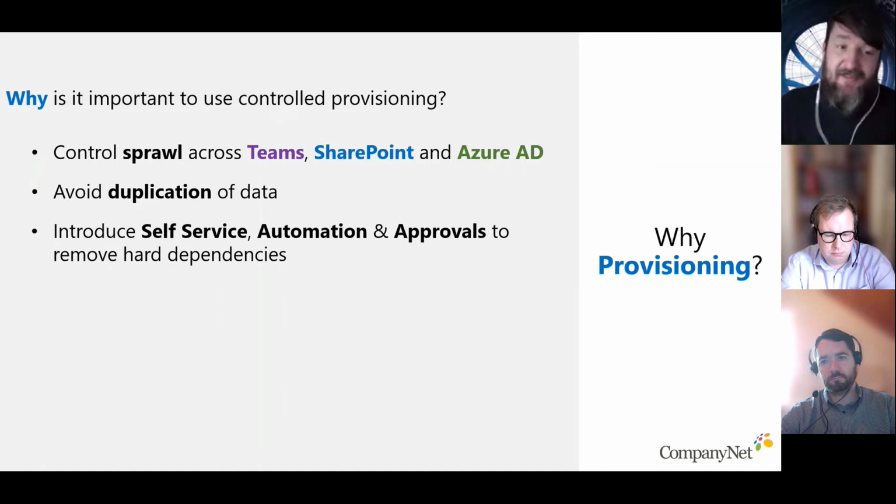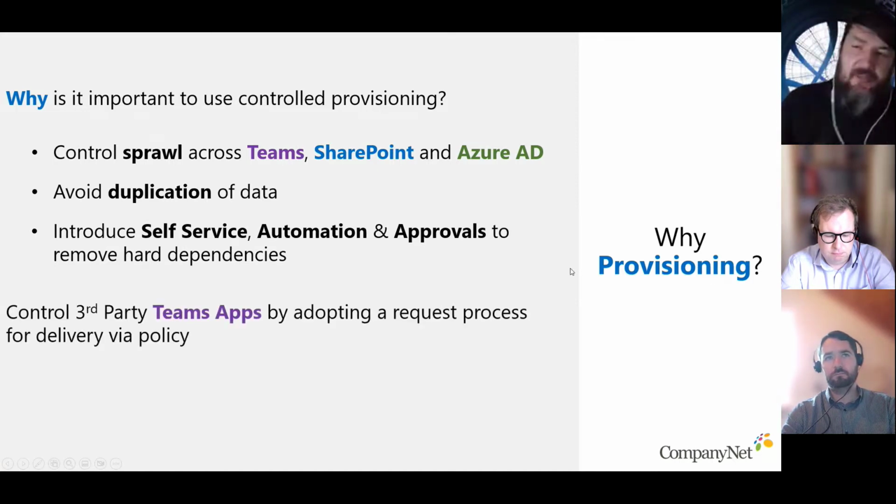I'll talk about this a bit later, but this ownerless model, which is something that's coming and being talked about quite a lot at the moment, bringing in self-service, automation, and approvals to our process really allows us to even envision that ownerless model, if that's something that we're aiming to achieve.